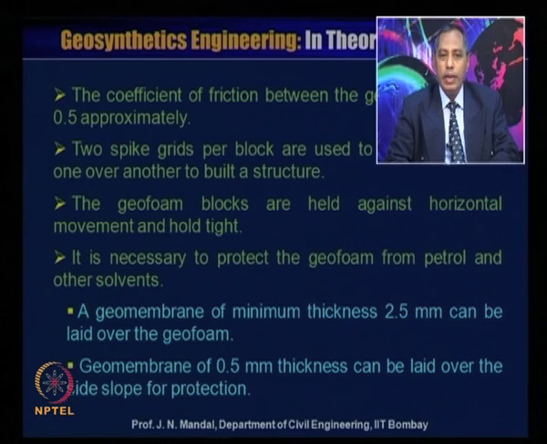It is necessary to protect the geofoam from petrol and other solvents. A geomembrane of minimum thickness 2.5 millimeter can be laid over the geofoam. A geomembrane of 0.5 millimeter thickness can be laid over the side slope for protection.